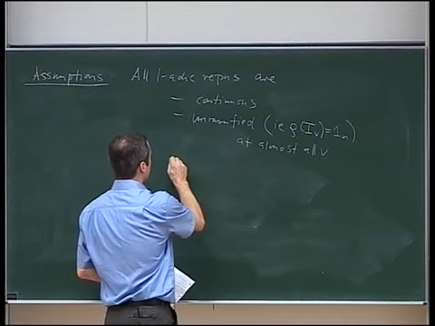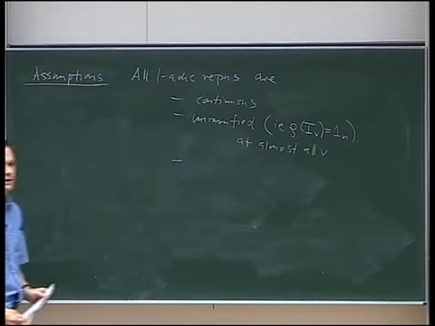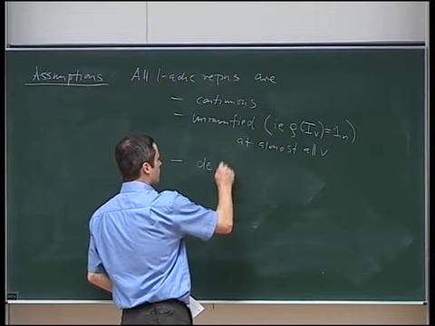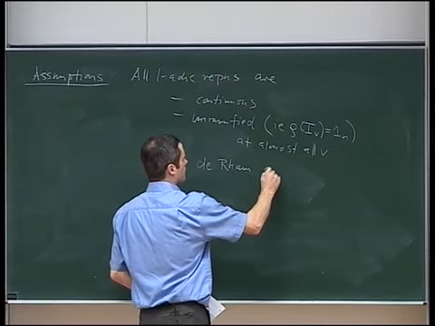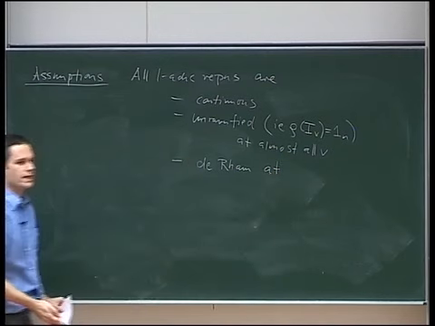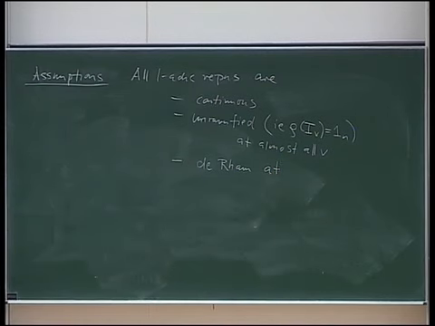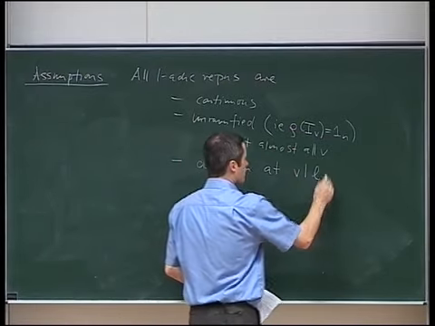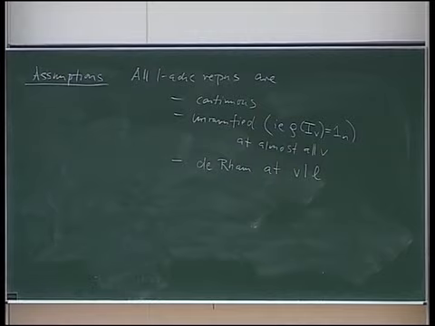And the third assumption I'm not going to make explicit, but we want the restriction of our representation to decomposition groups at places dividing l to have a certain property that is called de Rham.